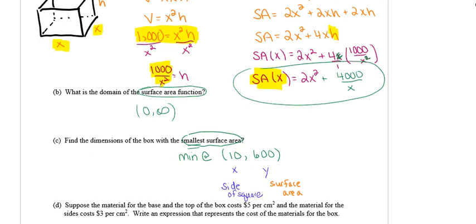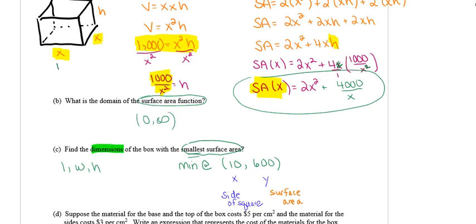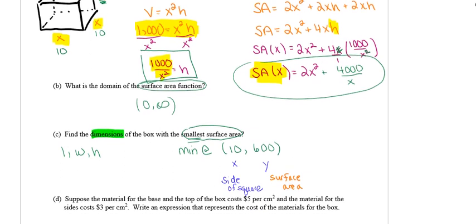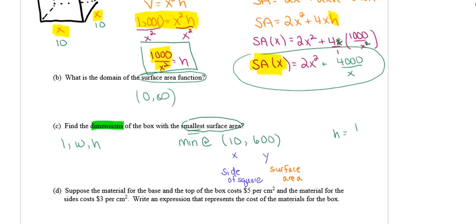And dimensions, when we talk about dimensions, we're talking about length, width, and height. So the dimensions of this box that are going to minimize the surface area, well, I've got 10 for each of the x's. I also need to find that height. So the height I'm going to find by going back here. H we said is 1,000 divided by x squared.